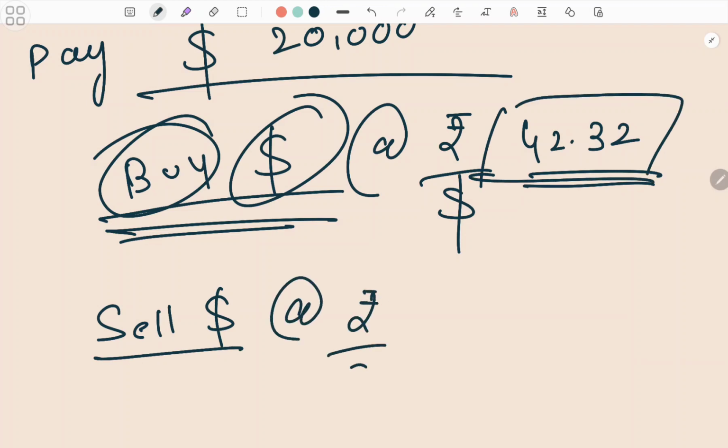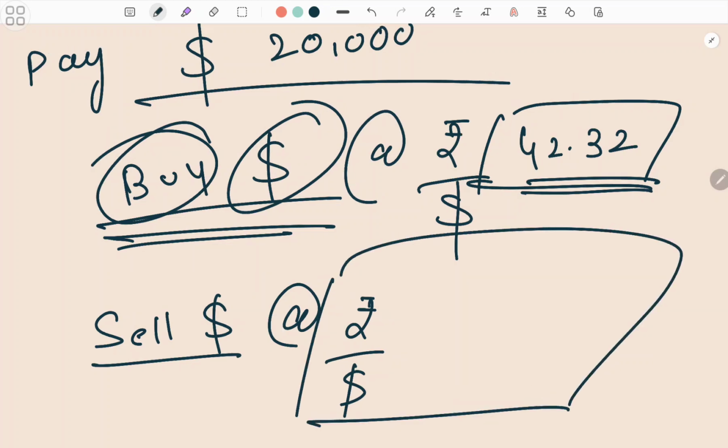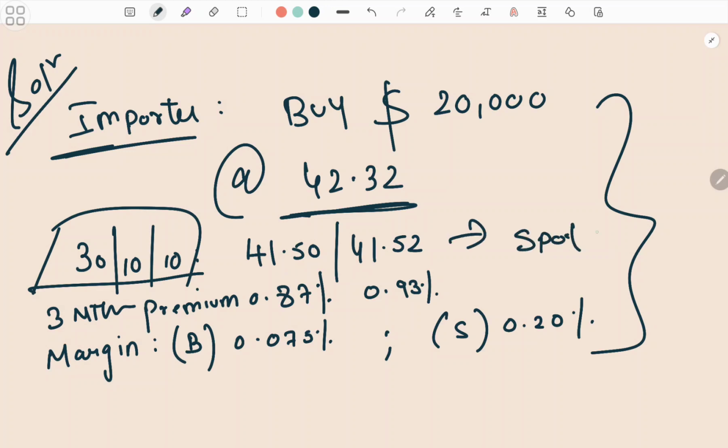At rupee by dollar. Now your job is to find out this rate. Standing after 3 months, that is on 30th of October, the rates given to me are the spot rates on 30th of October, 41.5 and 41.52. Now I have to sell dollars. By the way, these are rupee by dollar, so dollar quotes.